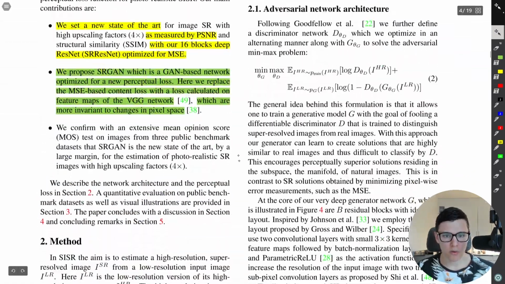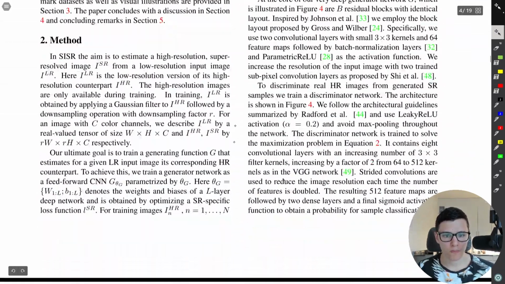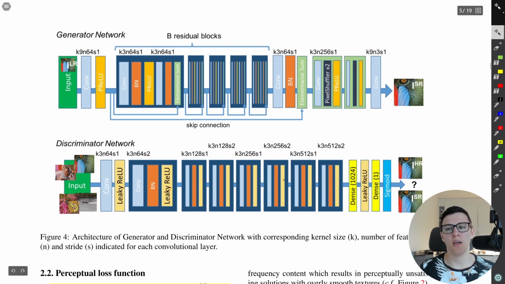So, all right. So here is, I guess, what is important, right? Here's the architecture, and what is pretty common in deep learning is that you can skip everything for these types of papers and just look at the architecture, and then in many cases you'll understand everything that they did.